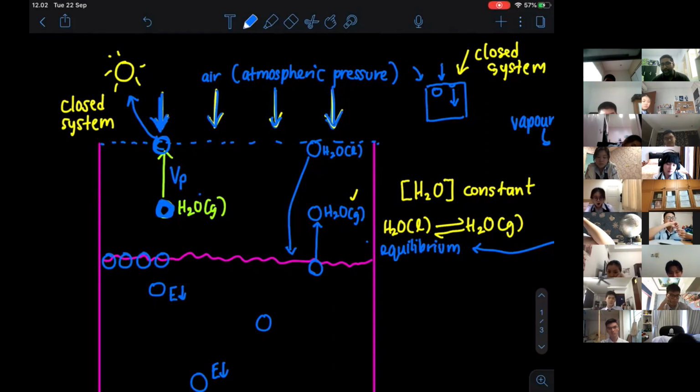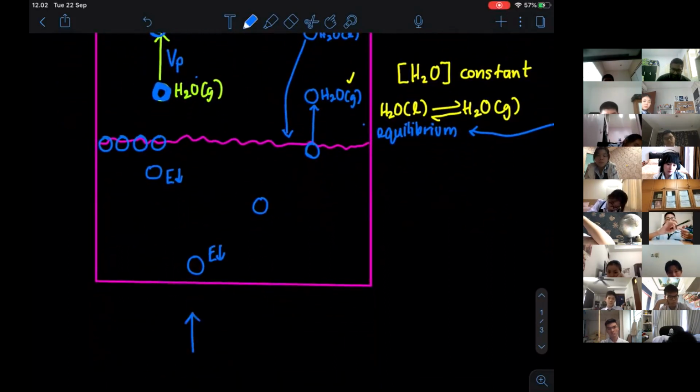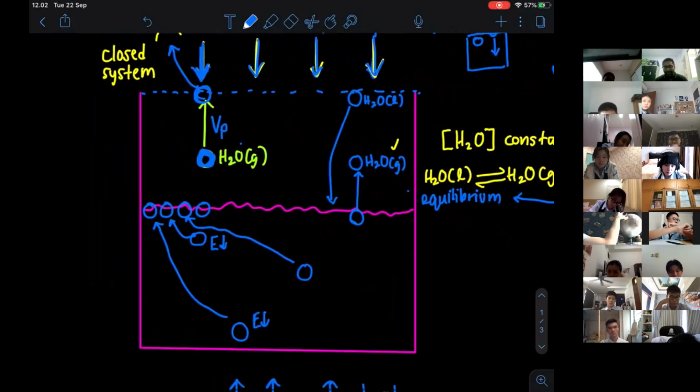But do remember, not all molecules are capable of doing that. So what happens if you provide heat? If you heat up, more water molecules will start to rearrange themselves at the surface.